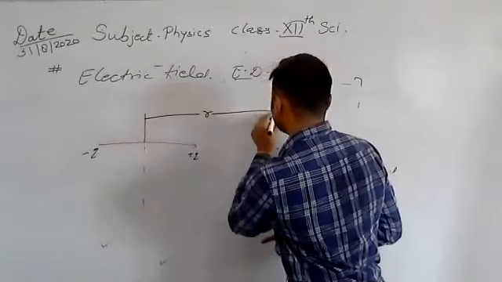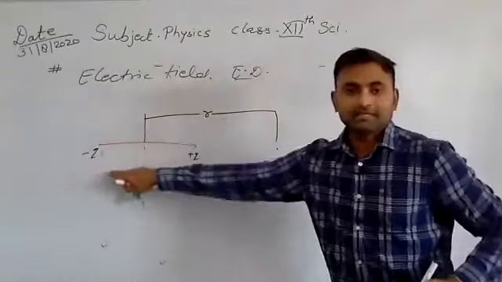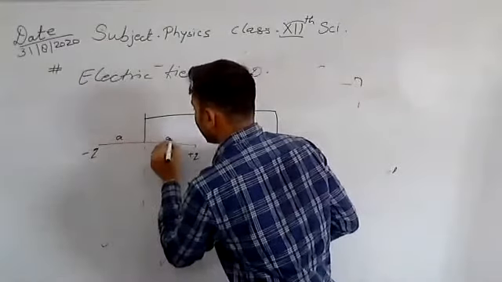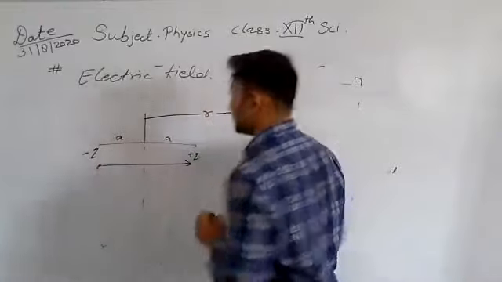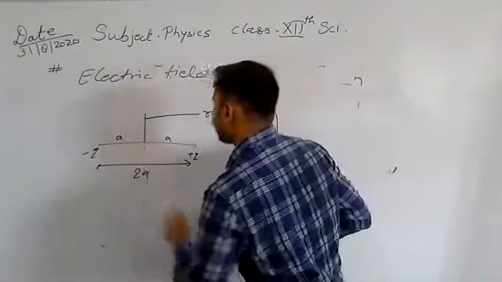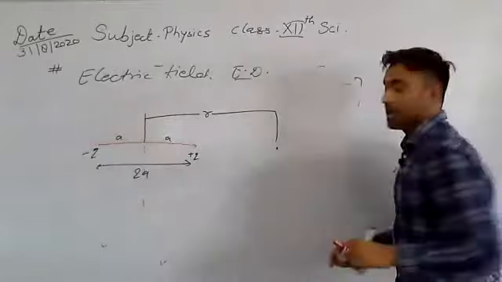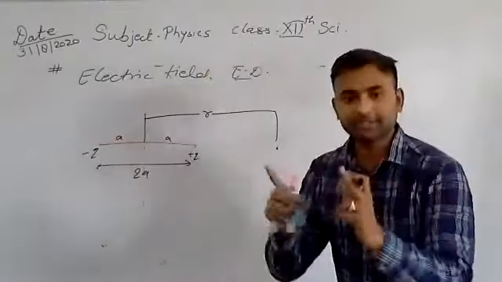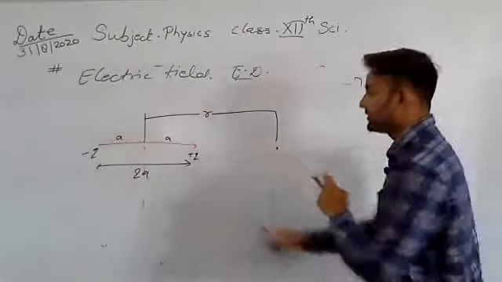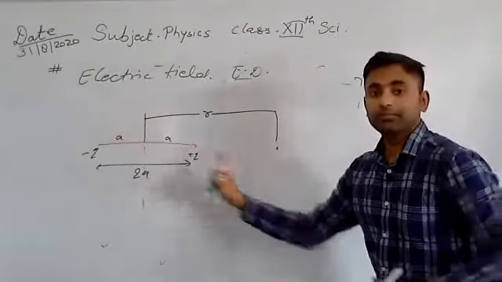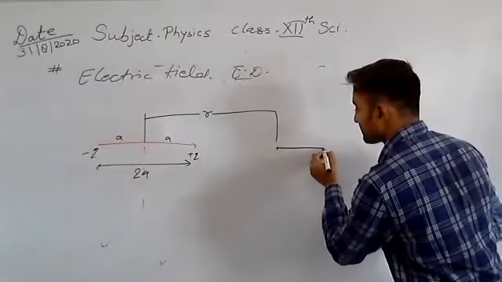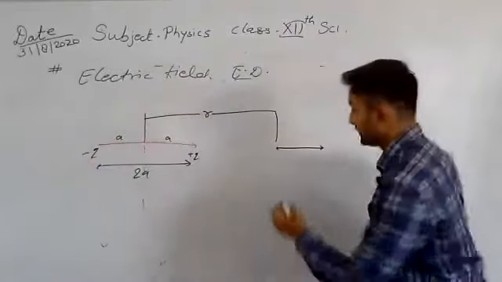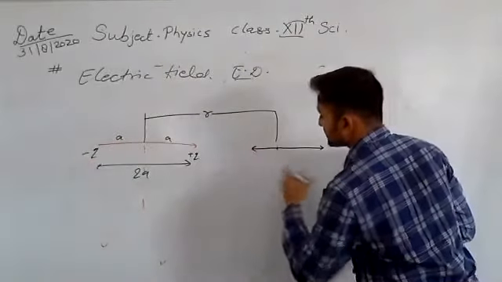It is R. Let's say the separation of the dipole is 2a, which means A is here, making the distance 2a. Due to Coulomb's law, what will be the electric field's direction at this point due to this positive Q? It will be this, and due to this negative Q, it will be this.